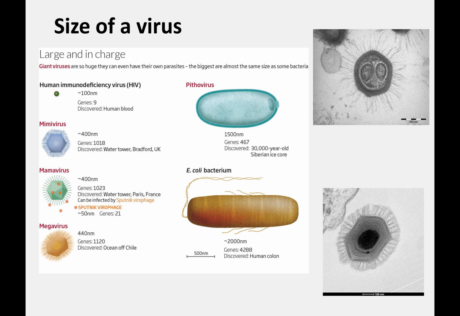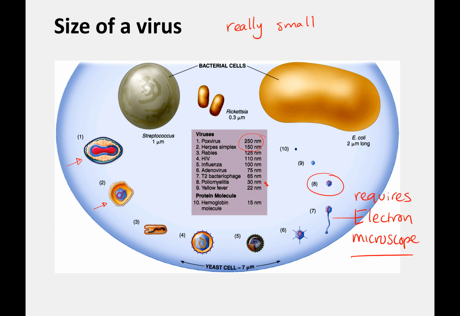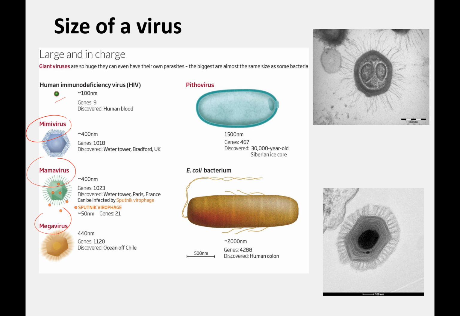We have recently discovered some large viruses. The Mimi, the Mama, and the megavirus. So here is HIV, which was back here, number 4. And you can see these are much bigger, 400 nanometers in size. They're shown over here.